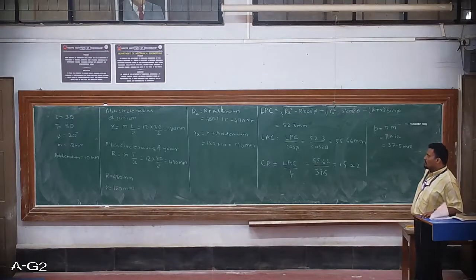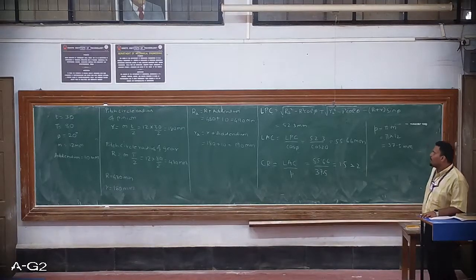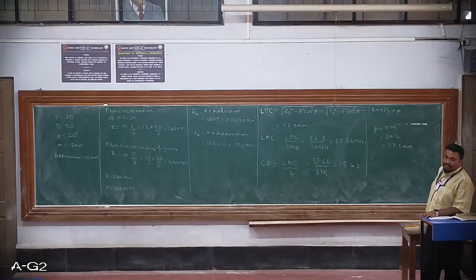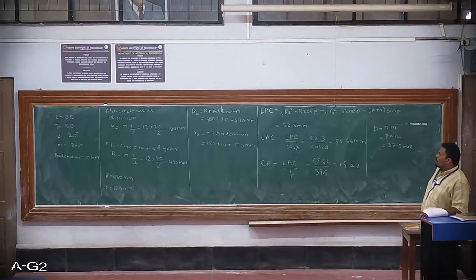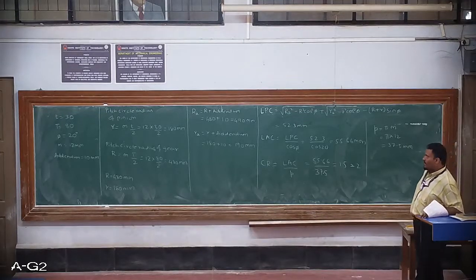Then we calculate the addendum circle radius, that is pitch circle radius plus the addendum. For the gear it is 480 plus 10, which comes to 490. For the pinion it is 180 plus 10, which comes to 190 mm.